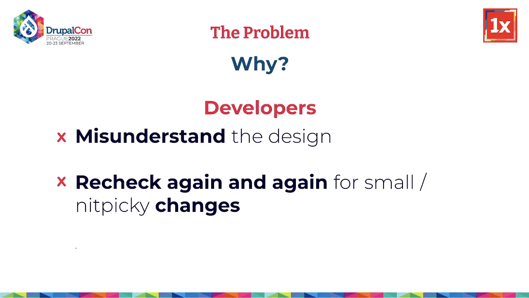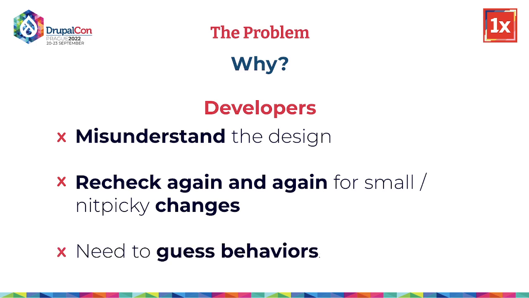So then when it's QA'd, you get some errors that are saying add some pixels here, like the pixel perfectionist, or add some color in another place. Or maybe, as we commented already, you just need to guess behaviors because they are not specified in the design files.